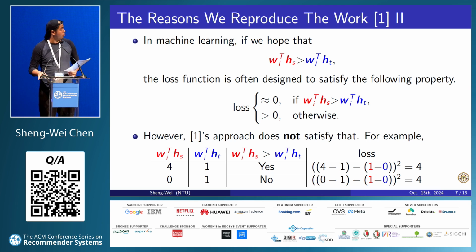However, work number 1's approach does not satisfy the property. For example, the first row gets the correct ranking, but still has a loss equal to 4. The second row has a wrong ranking, but gets the same loss as above.